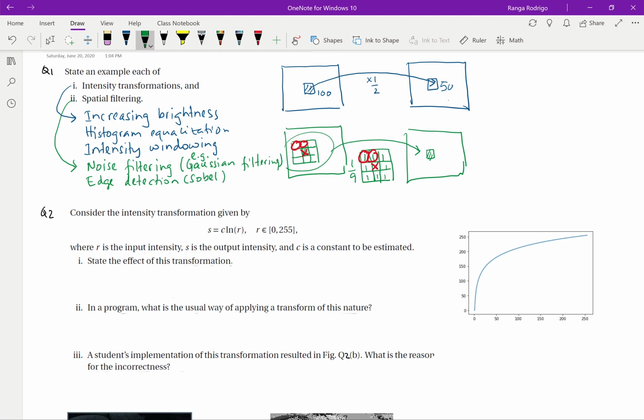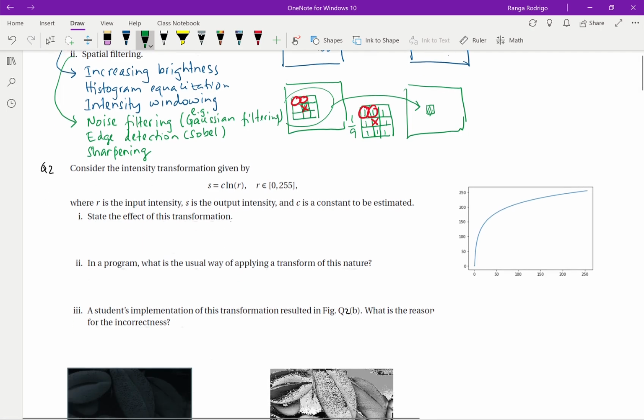Then sharpening. These are all examples of spatial filtering, median filtering, and so on. Okay, now let's go to the second question.